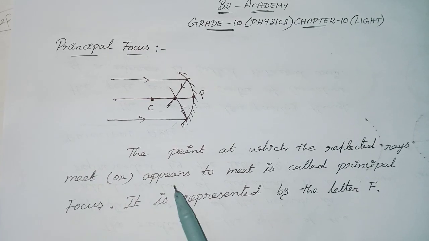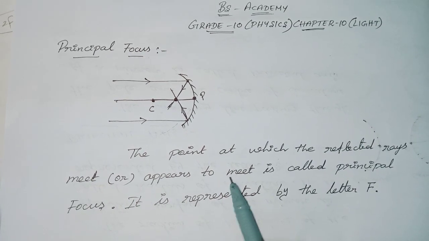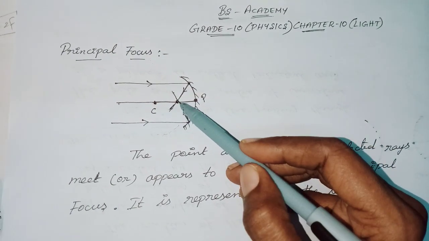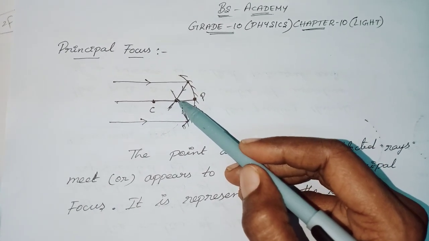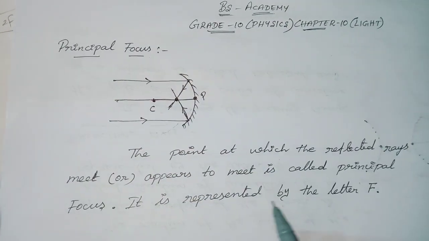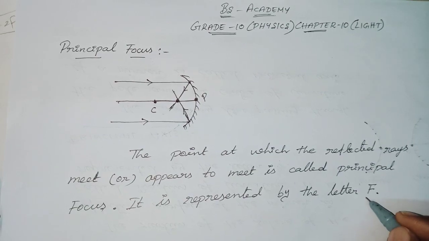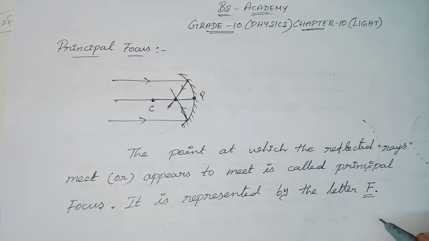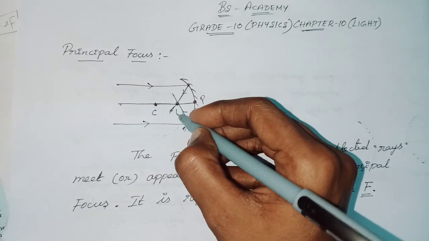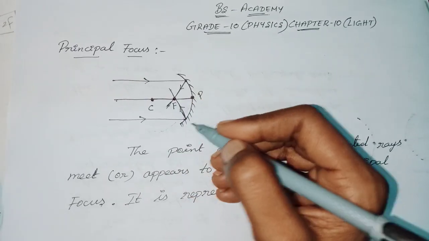For a concave mirror, the reflected rays actually meet at a particular point, and this principal focus is represented by the symbol capital F.